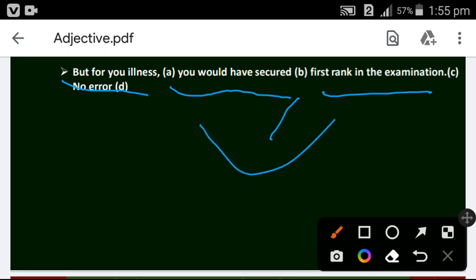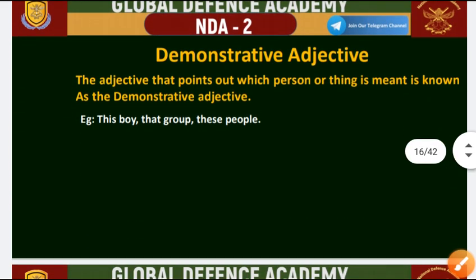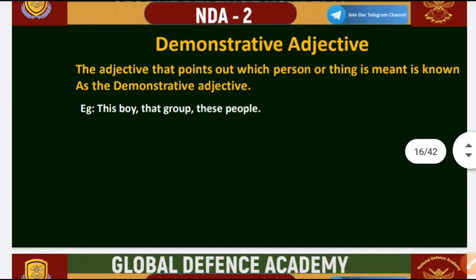Now come to the next concept of adjectives, which I have been discussing for a few minutes. The next topic is demonstrative adjective.